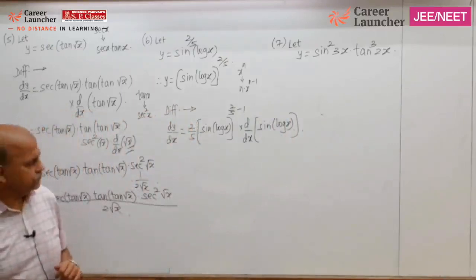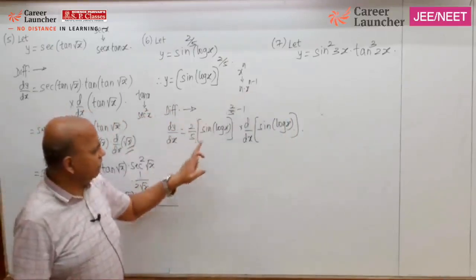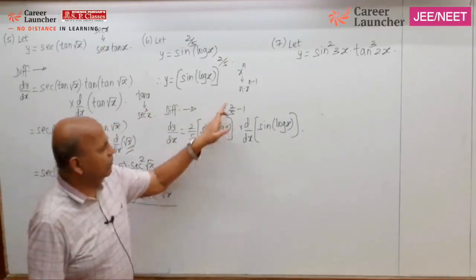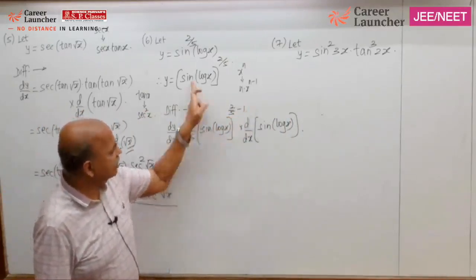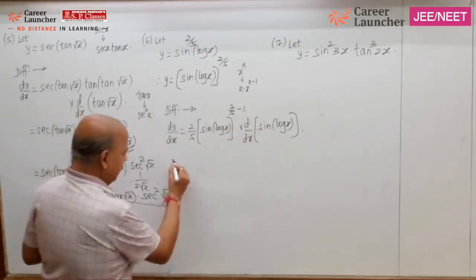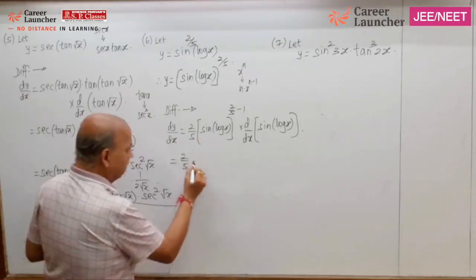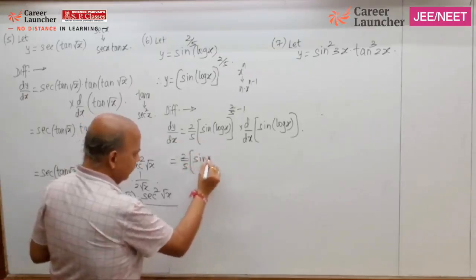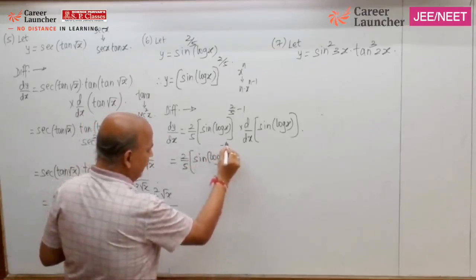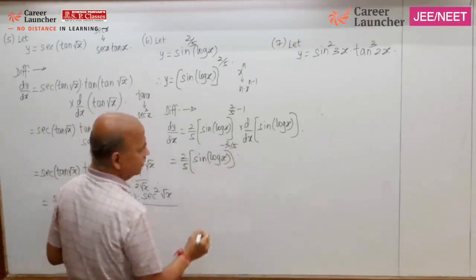Yes or no? Use the standard formula as it is. What was the standard formula? n into x raised to n minus 1 into d by dx of sine of log x. Let's proceed further. 2 by 5 sine of log x bracket raised to minus 3 by 5, correct?